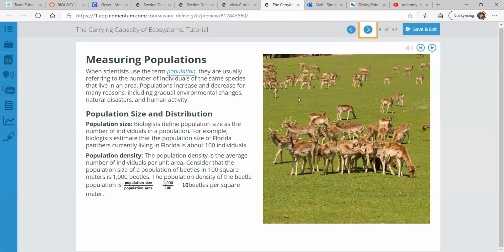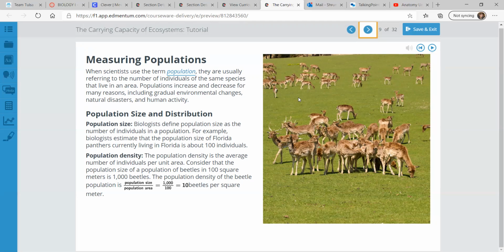Biologists define population size as the number of individuals in a population. For example, biologists estimate that the population size of Florida panthers currently living in Florida is about 100 individuals.